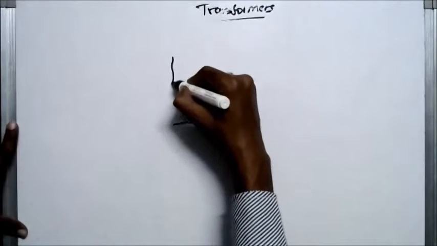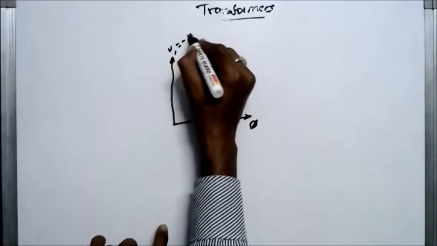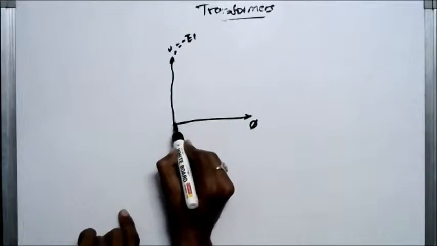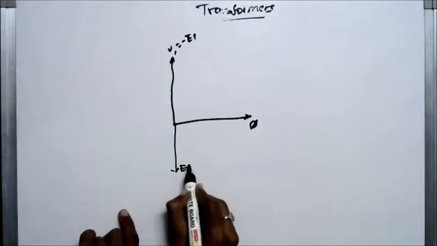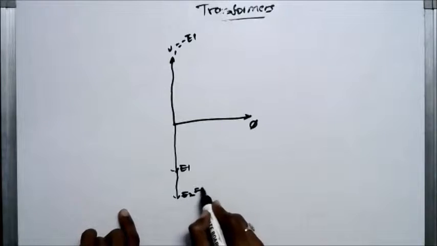So this is V1. V1 is equal to minus E1. Next, this is E1. This is E2, which is equal to V2.